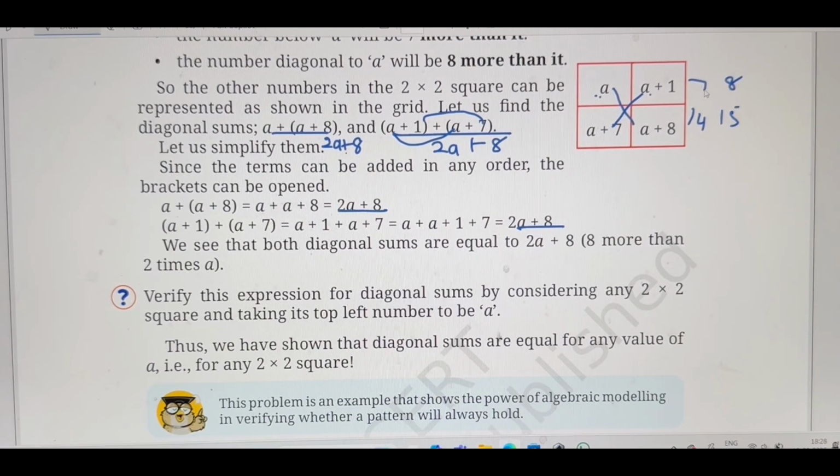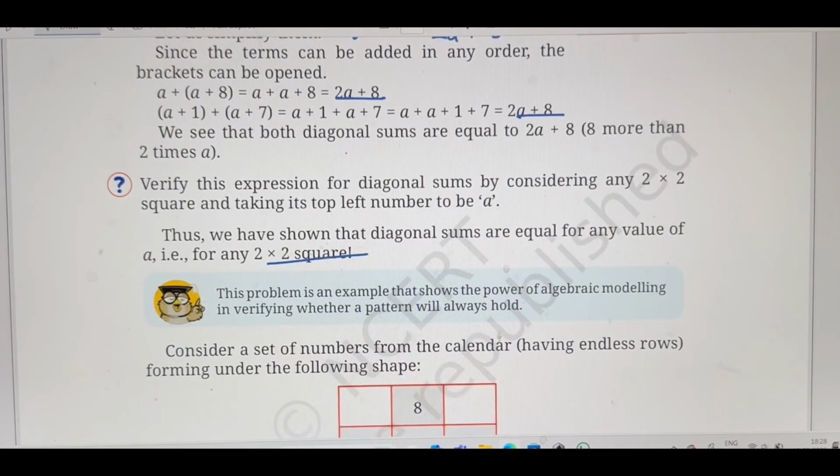Now if you see the diagonal sum, 7 plus 15 is 22, 14 plus 8 is also 22. If we consider this 7 as A, this is 1 more than that, so A plus 1. This is 7 more than A, 7 plus 7 is 14, and this is 8 more, so 7 plus 8 is 15, right? So we can say that the formula which we have found is correct.